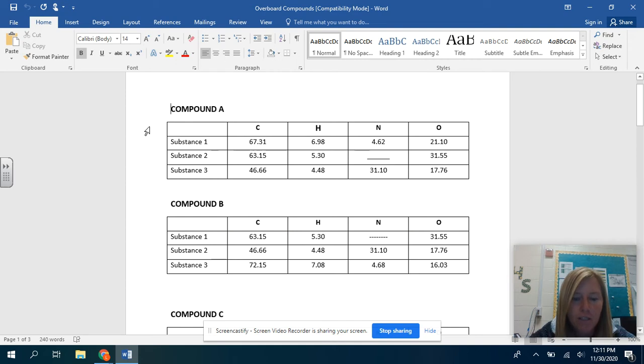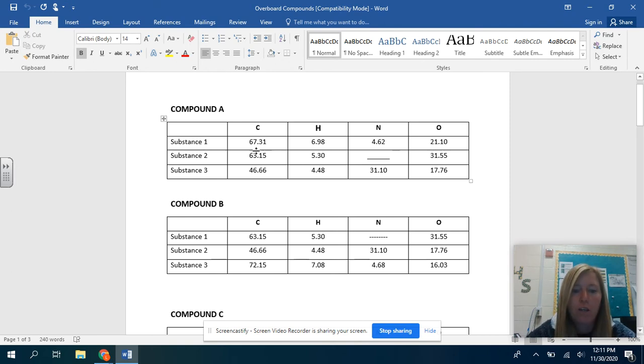My best advice is to go out a lot of decimal places. Some of these don't come out quite as nice and neat as the ones you've done. If you have questions about them, like I said, I can answer your questions and help you on Zoom that day. But just make sure you're going out lots of decimal places. The day you actually calculate these is not until Thursday. I will have this all written down on Google Classroom, but on Wednesday, you're just going to do your pre-lab.